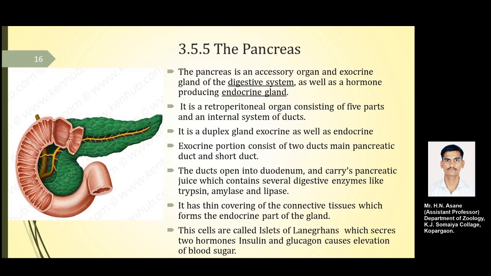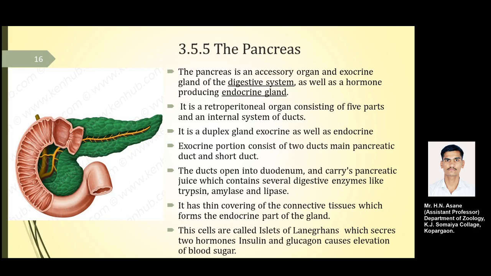The endocrine part secretes two hormones, insulin and glucagon. We know that some patients with the problem of high sugar take insulin by injecting it from outside.